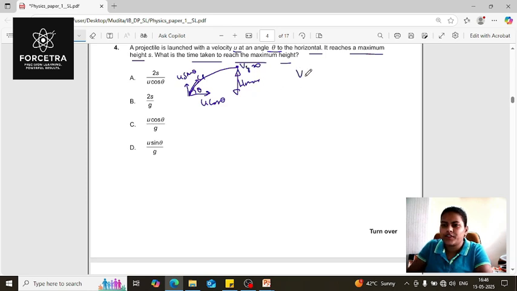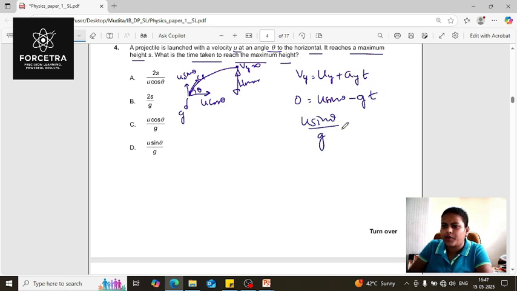From the first equation of motion, vy is equal to uy plus ay into t. The final velocity is 0, the initial velocity is u sin theta, and the acceleration is in the opposite direction, so negative g into t. So the time would be u sin theta upon g to reach the maximum height point.